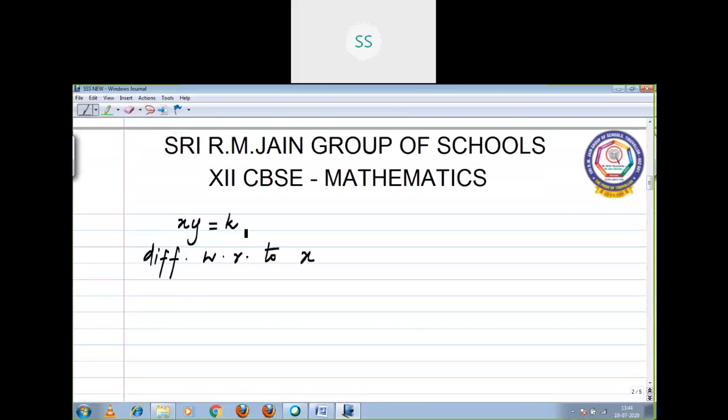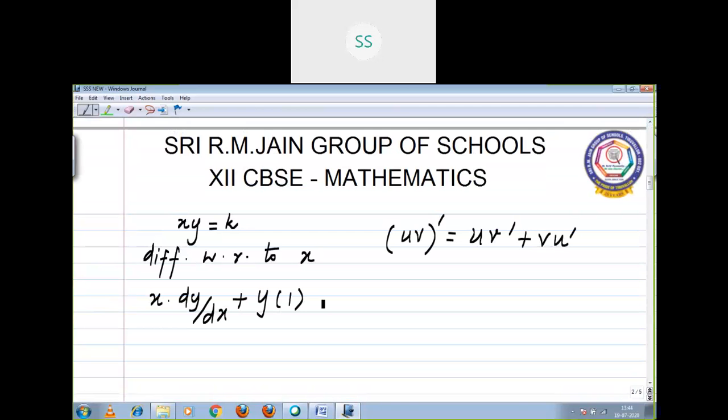Here you apply the product rule: the derivative of uv is u v dash plus v u dash. So x into dy by dx plus y into 1, and the right hand side is constant, so 0. x into dy by dx equals minus y.